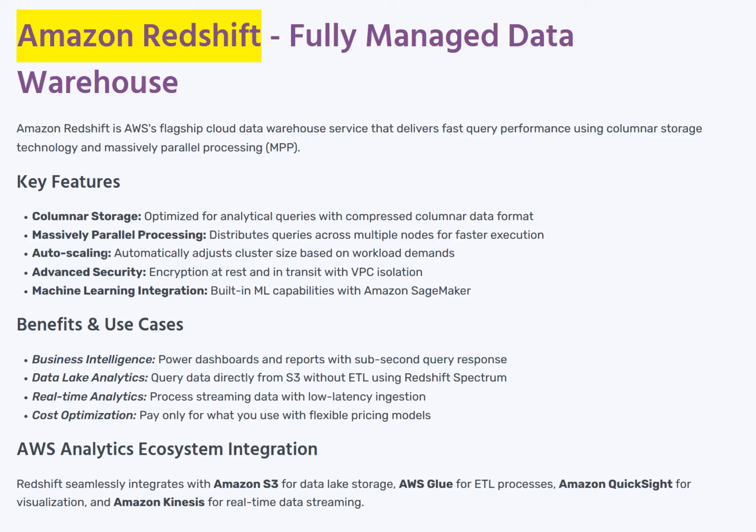Then auto scaling for data spikes and other stuff, right? And then security, encryption at rest and in transit, VPC isolation, and then business intelligence, machine learning integration, built-in ML capabilities, Amazon SageMaker, right?